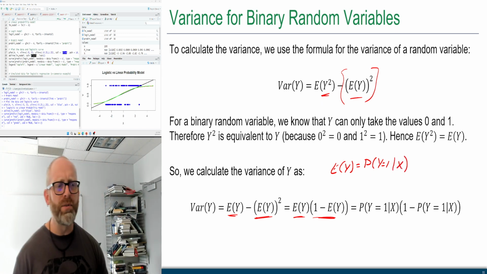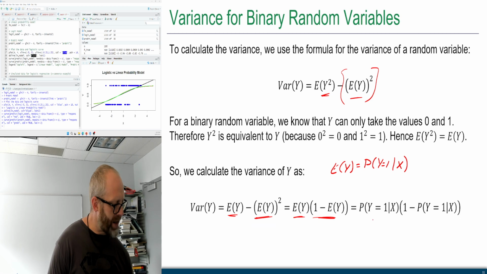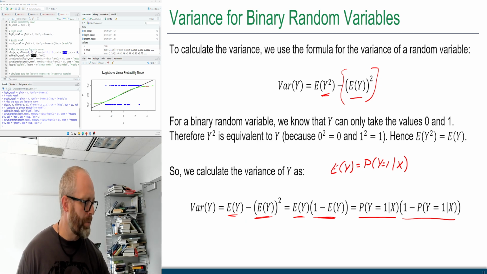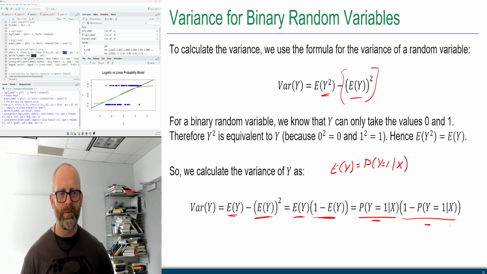So if I do that substitution, E[y] is again the probability that y is equal to 1 for a given value of x, times 1 minus the probability. If this is the probability of success, this is the probability of failure.